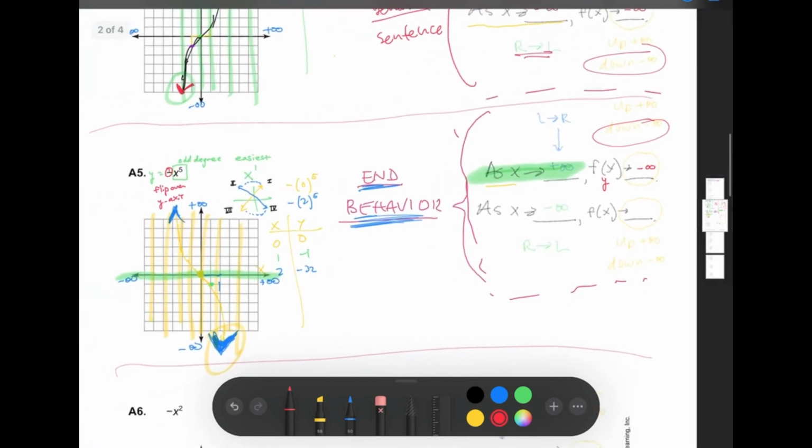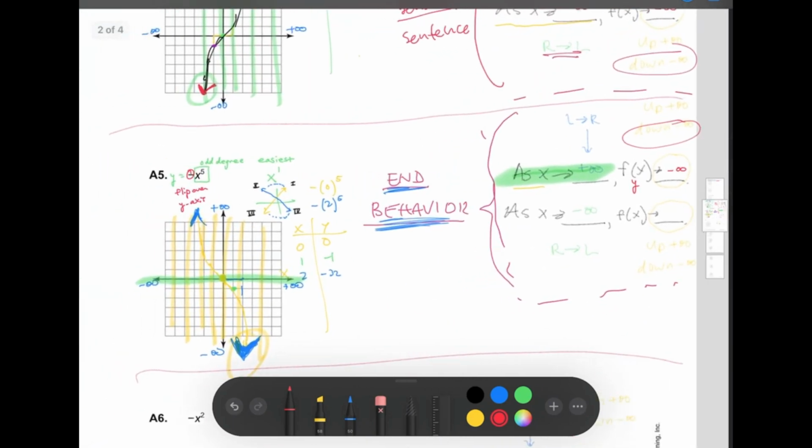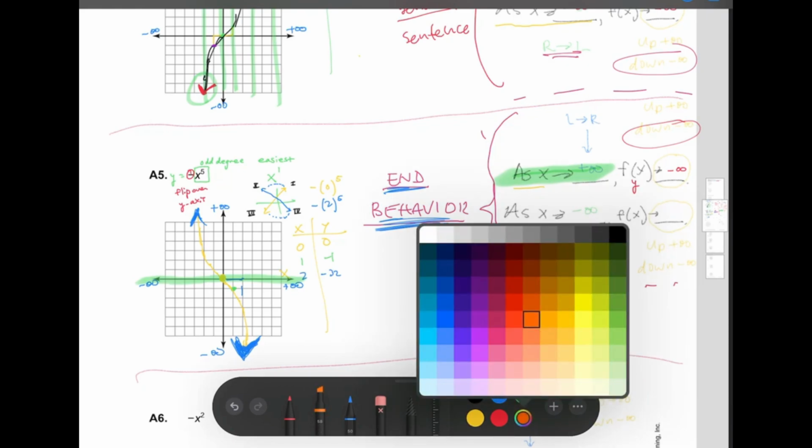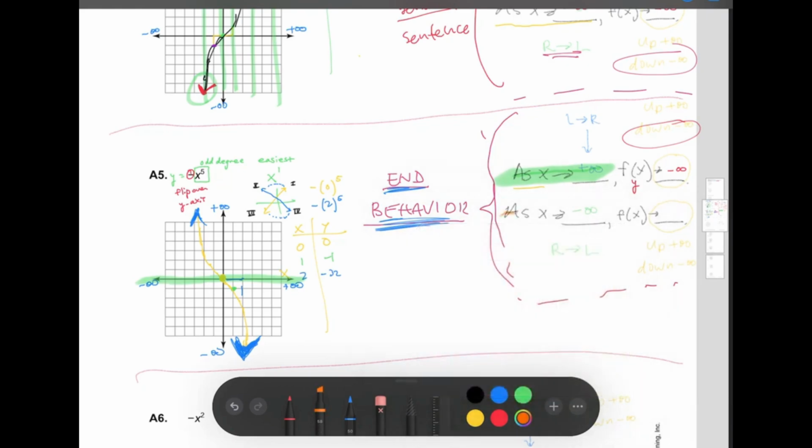Okay? All right. As x approaches negative infinity, now we're going from right to left. We're going from this direction to this direction.